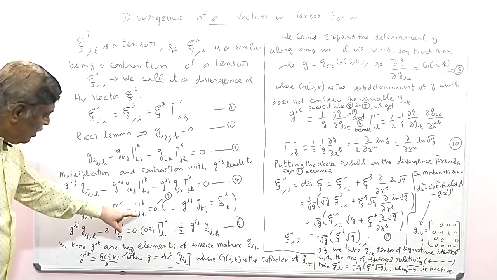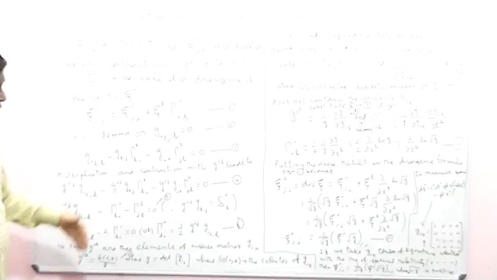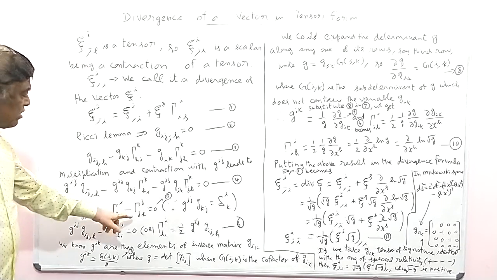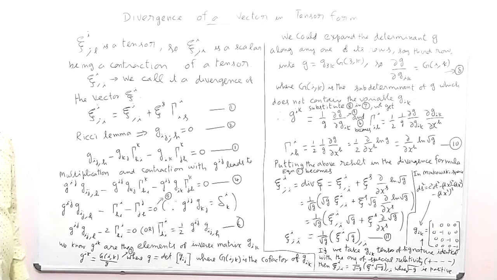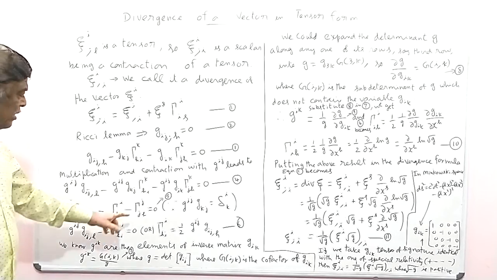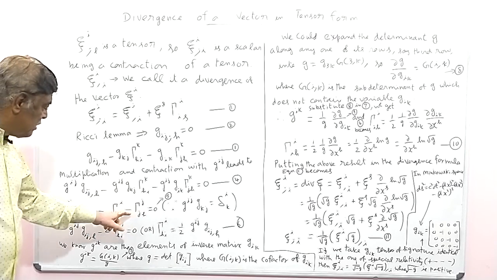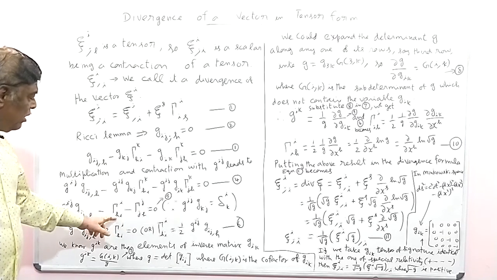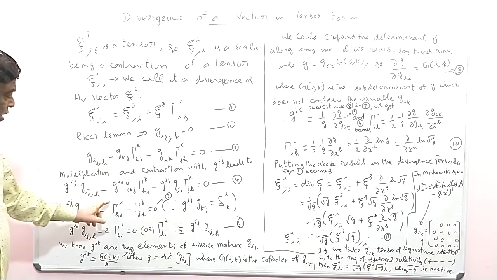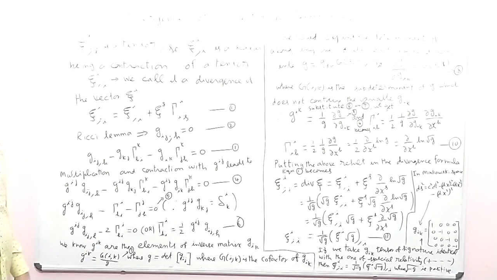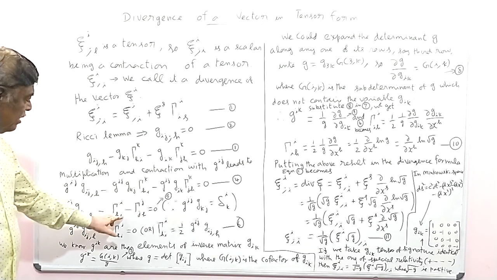Now here both are dummy indices. j is a dummy index. There are two indices, one in the contravariant position as well as one in the covariant position, so there is a j and j. A dummy index can be replaced by any other index, so you can replace j by i. And also this is symmetric: gamma i h is equal to gamma h i, because the Christoffel symbols of the second kind are symmetric with respect to the lower indices.